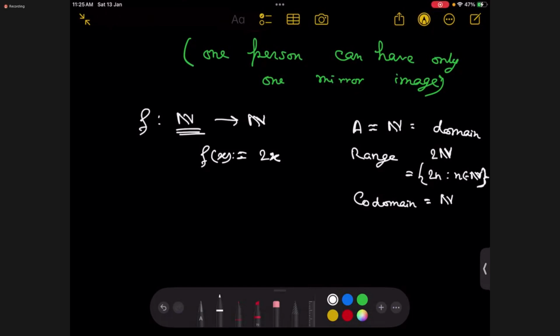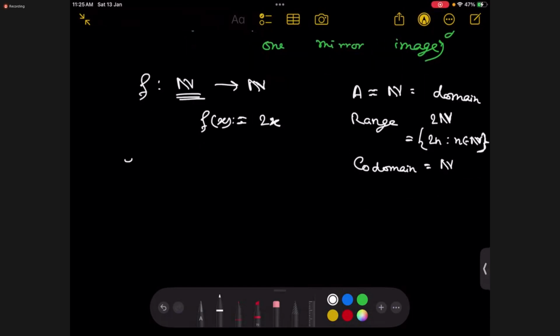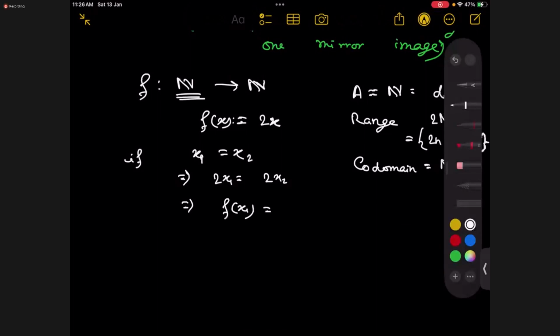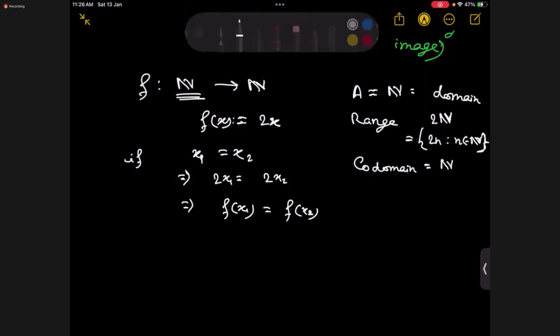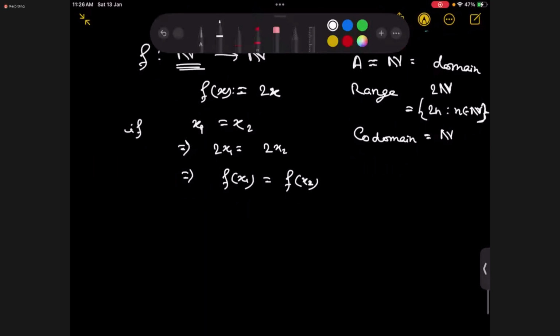Why is this a function? Check that if x1 equals x2, suppose x1 equals x2, this is the condition, then this implies 2x1 equals 2x2, which implies f of x1 equals f of x2, right? So we took this and we obtained this.